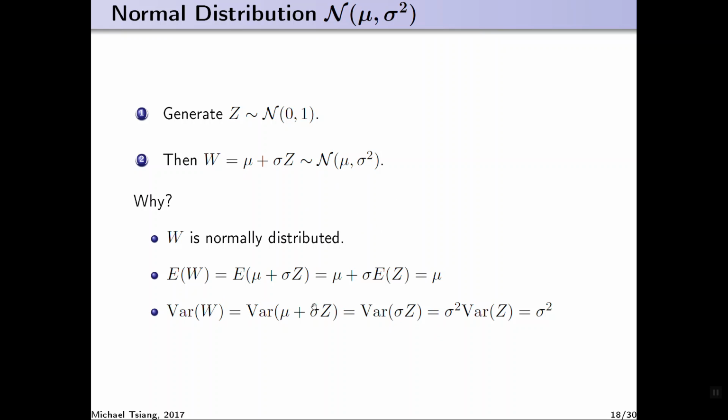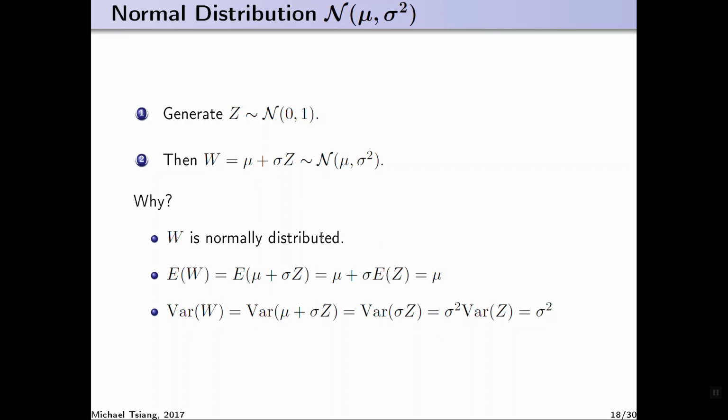I think this is something we're familiar with because in Stats 10 we always had to go from some other random normal to the standard normal by using the z-score formula. If you want to go the other way, you just invert that formula, and that's exactly what we have here. So now we have a way to generate values from random normal distributions, which is easy enough for us.